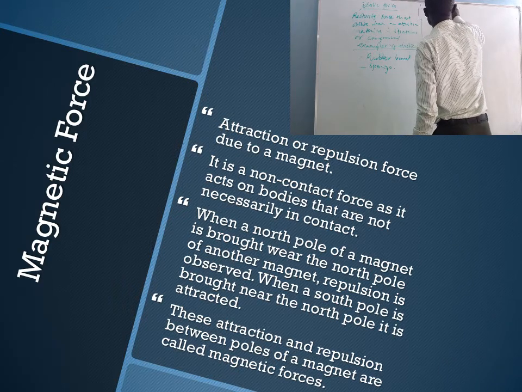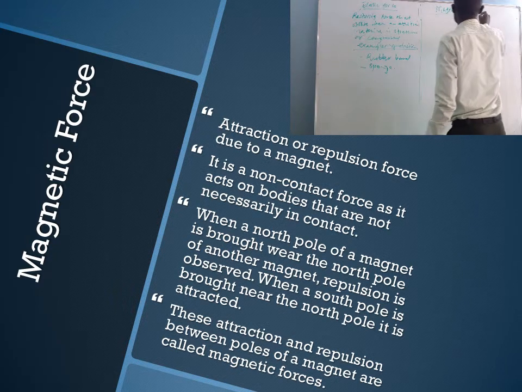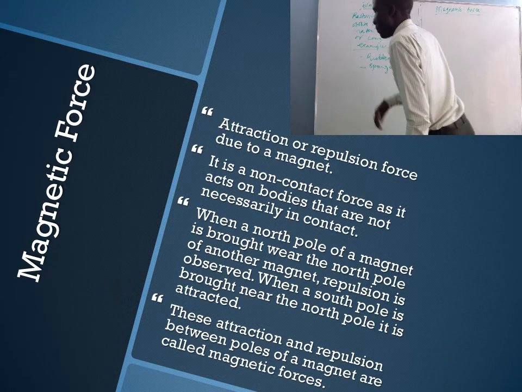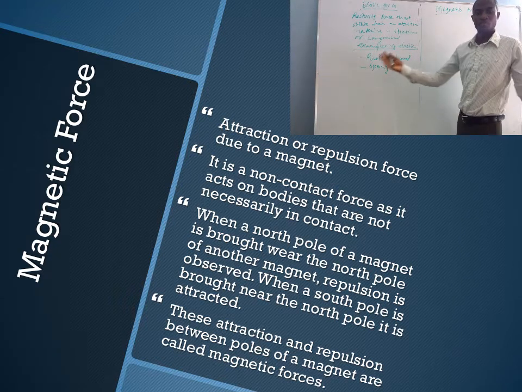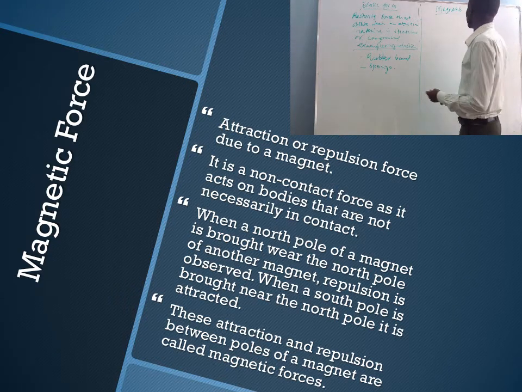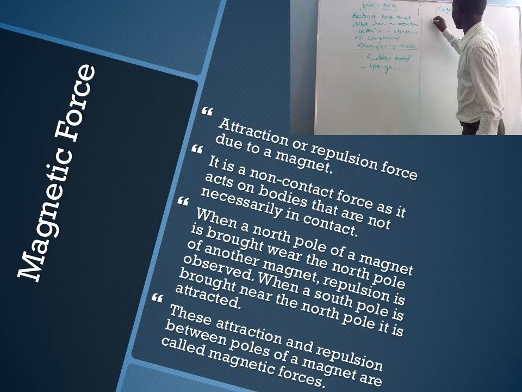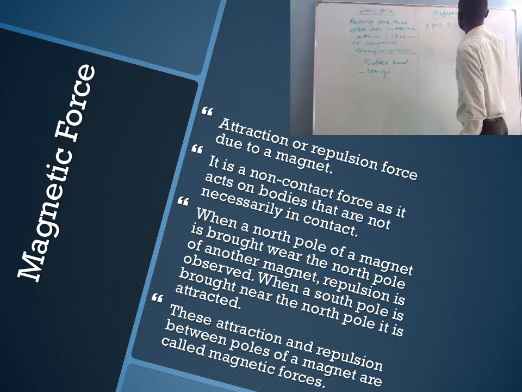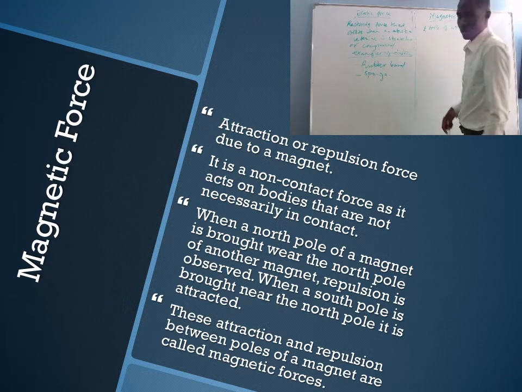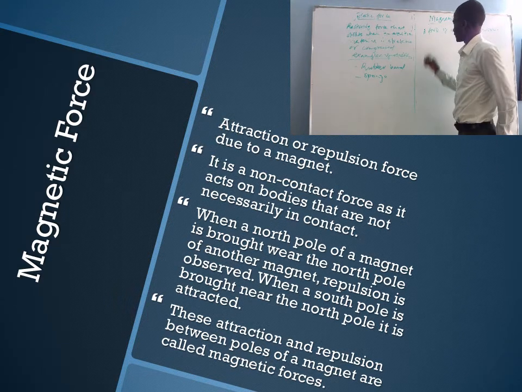So let's look at magnetic force. Now, magnetic force is a force of attraction or repulsion that occurs between two magnets. It is a force of attraction or repulsion due to a magnet.